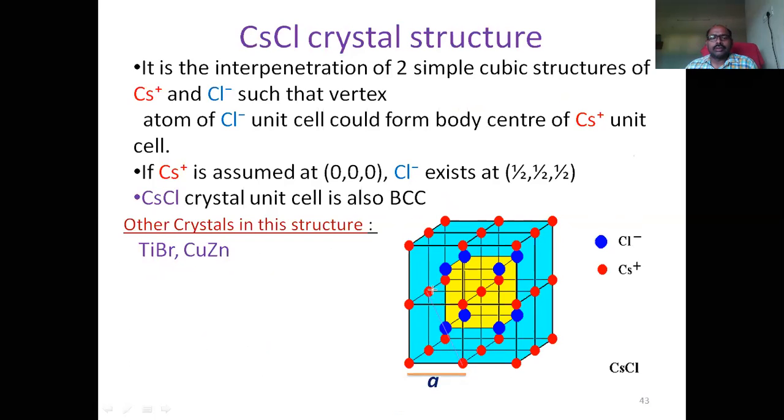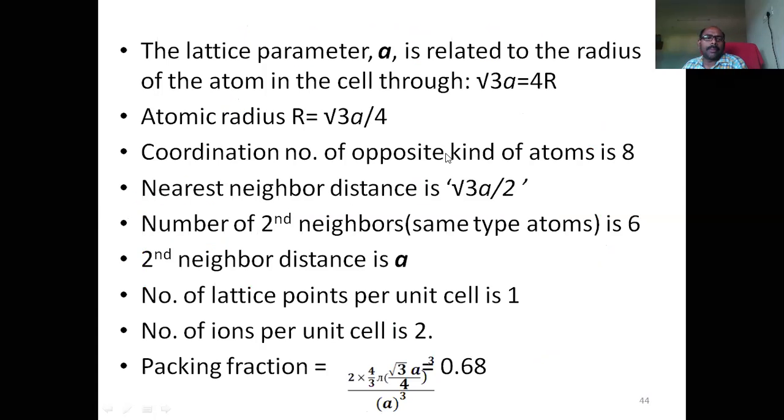The body diagonal length is root 3a, and root 3a is equal to 4r. So the relation is given here. From this, r is equal to root 3a by 4.